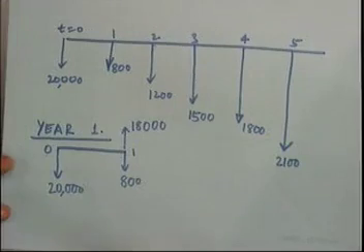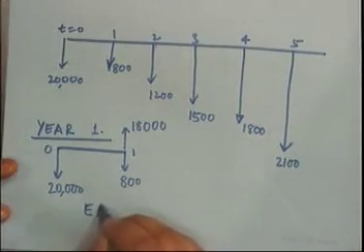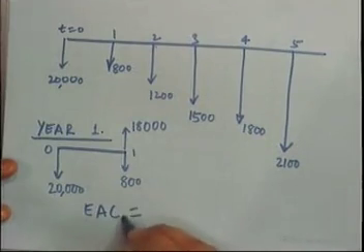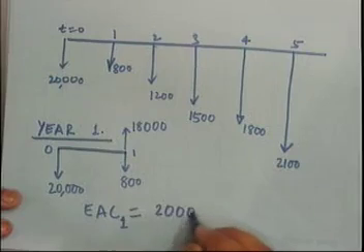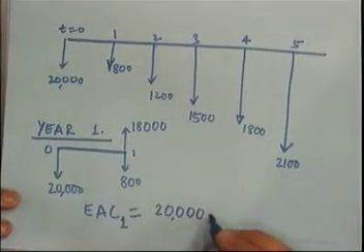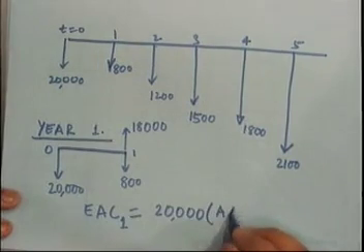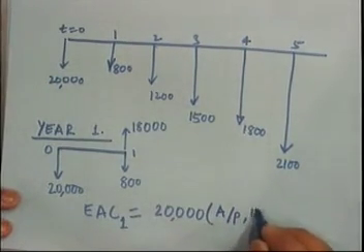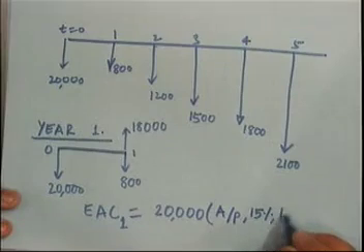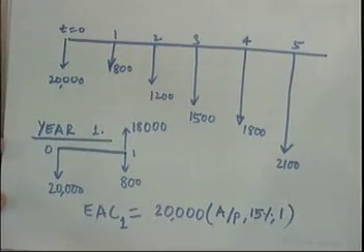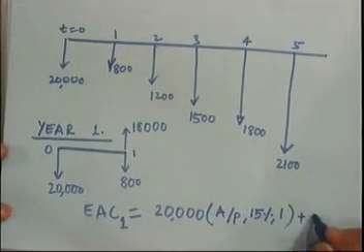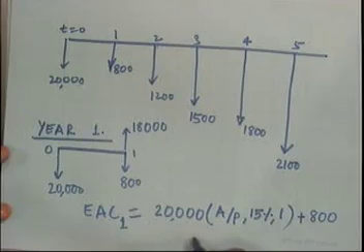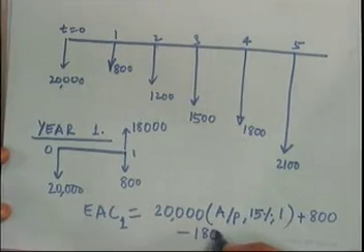So, how do we calculate the equivalent annual cost for year 1? Let us say it would be 20,000 A given P at 15%. Now, the period here would be 1, plus 800, minus 18,000.